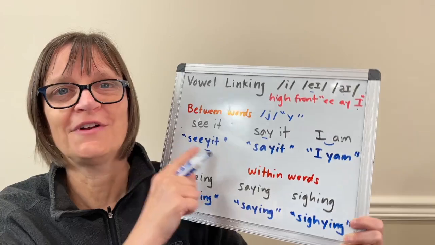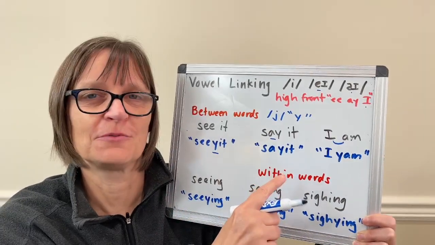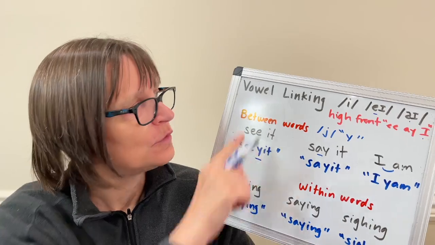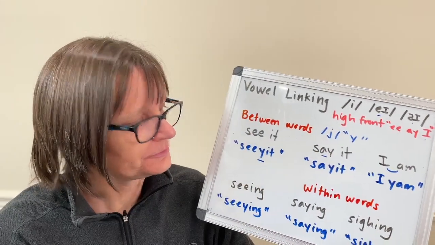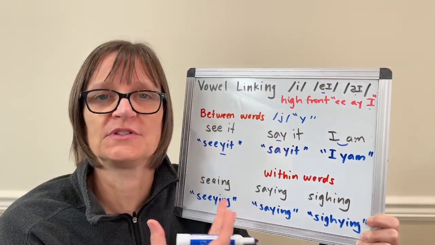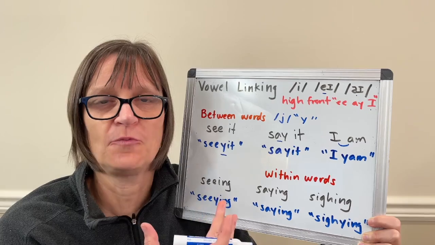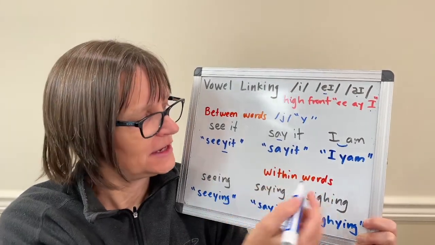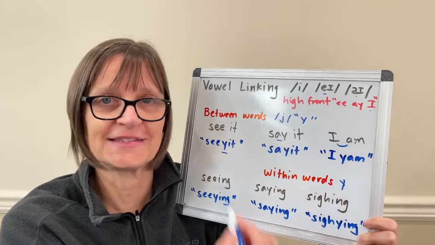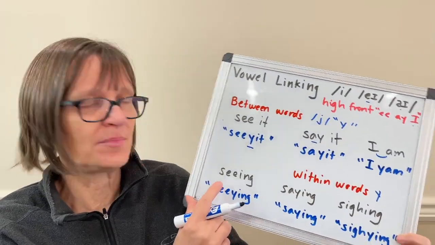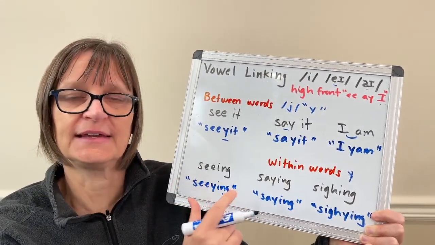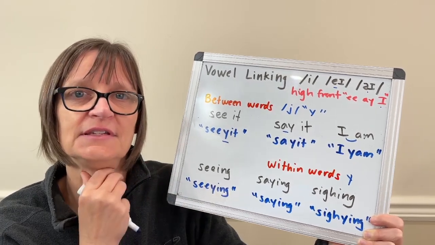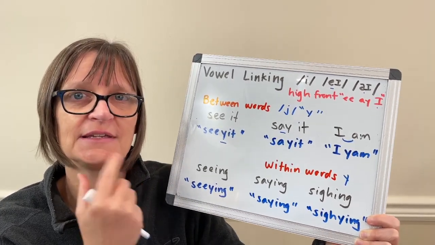So when a word ends with a vowel and you're starting your next word with a vowel, you want to have that natural vowel-to-vowel linking for these high front vowels. It also happens within words, and here's where I think it's helpful to know about it because we often don't spell it with that y letter, but that sound is still there. For example, in seeing, you can hear as I say that naturally, I don't say seeing with a break, but rather seeing.